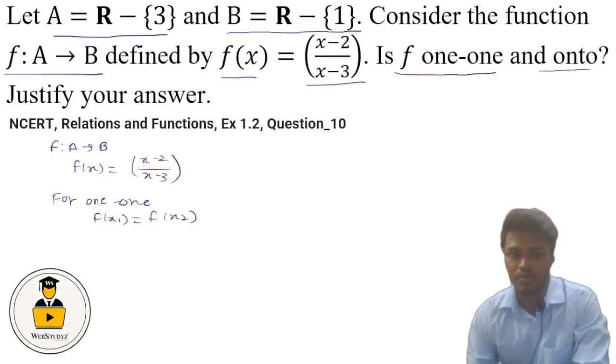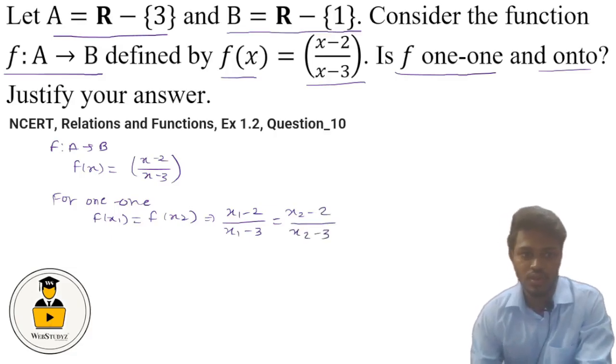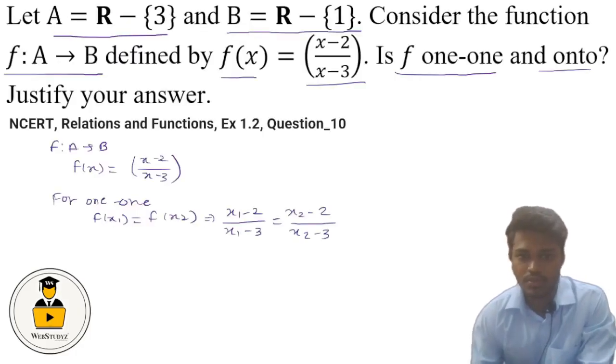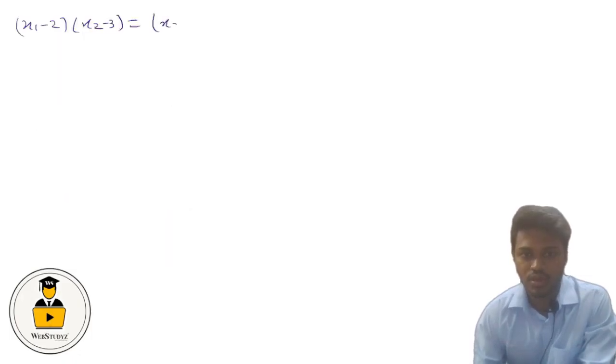So f of x1 will be equal to x1 minus 2 upon x1 minus 3, equals f of x2, which will be x2 minus 2 divided by x2 minus 3. If we do the simplification, it will be x1 minus 2 into x2 minus 3 equals x2 minus 2 into x1 minus 3.